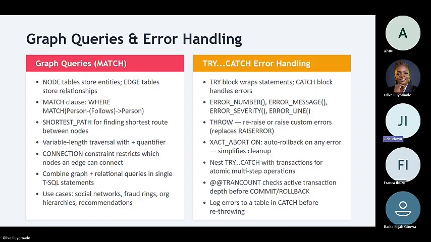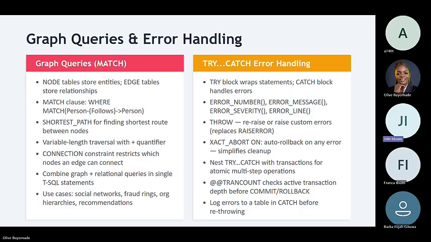Now, graph query and error handling. I remember in one of my classes in postgraduate, we needed to do something around graph. There's what we call relational database and NoSQL, so SQL and NoSQL, or relational database and non-relational database.